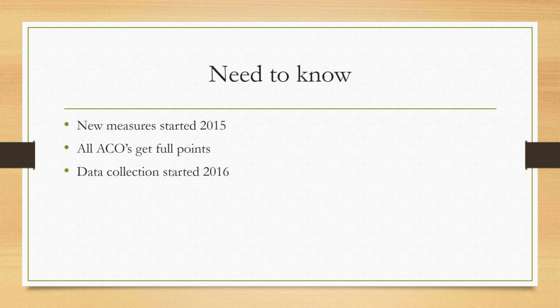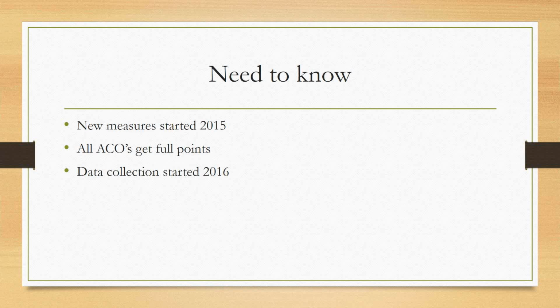So what we need to know currently about the new measures is the measures did actually start in the year 2015. So they actually started last year. However, they didn't come out until later in the year, and we will automatically get all of the points for the new measures.